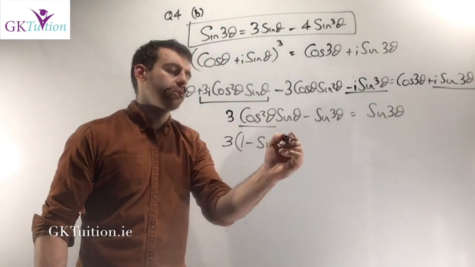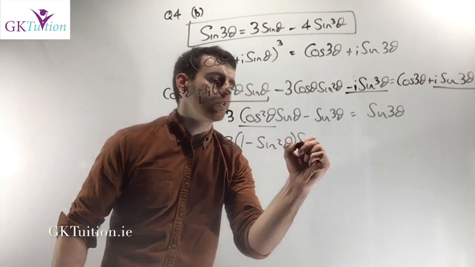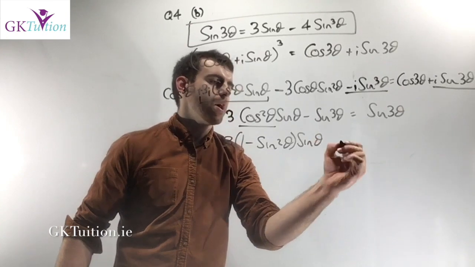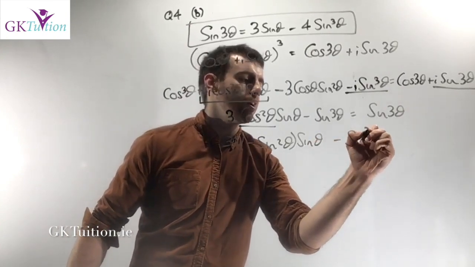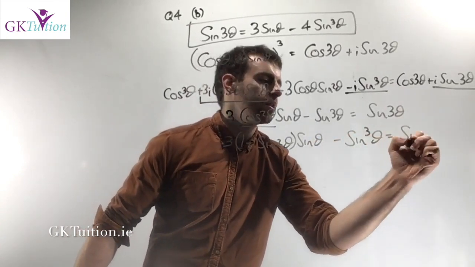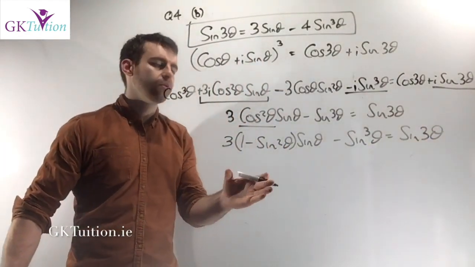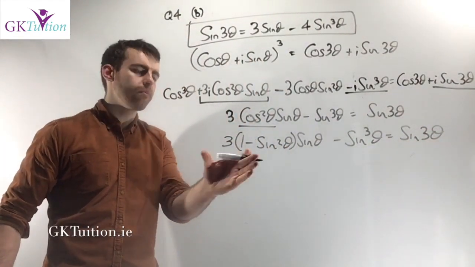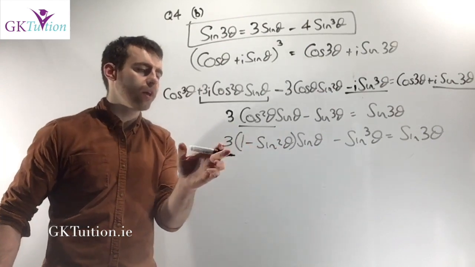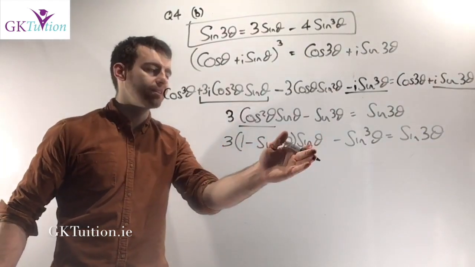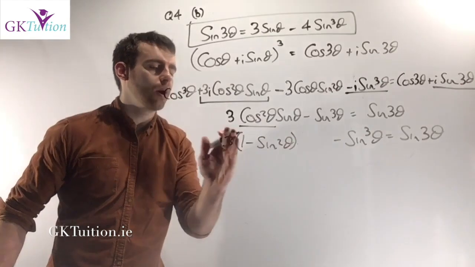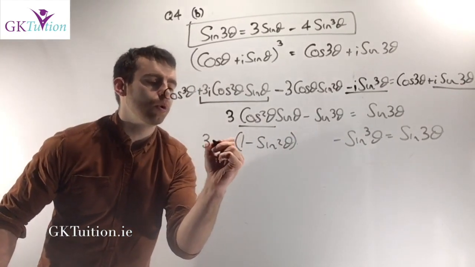So it's 3 times this times sin θ, and that's my first term. My second term, I have a minus sin³θ, and that is equal to sin 3θ. So all I need to do is simplify this out. My life will probably be made easier if I rewrite this. Rather than having the 3 in front of the brackets and the sin θ afterwards, it'll probably be easier to visualize if I just put them both in front.